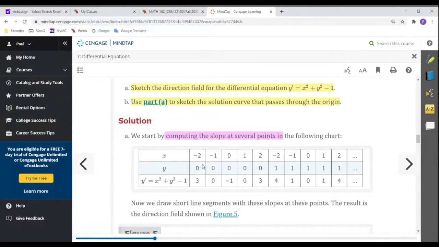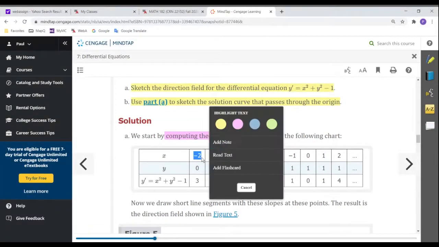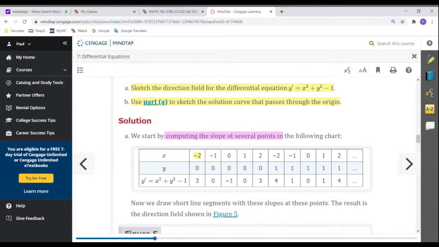Like they have the coordinate (-2, 0), and the slope at that point would be 3, because if you take -2 squared plus 0 squared minus 1, that's going to equal 3.